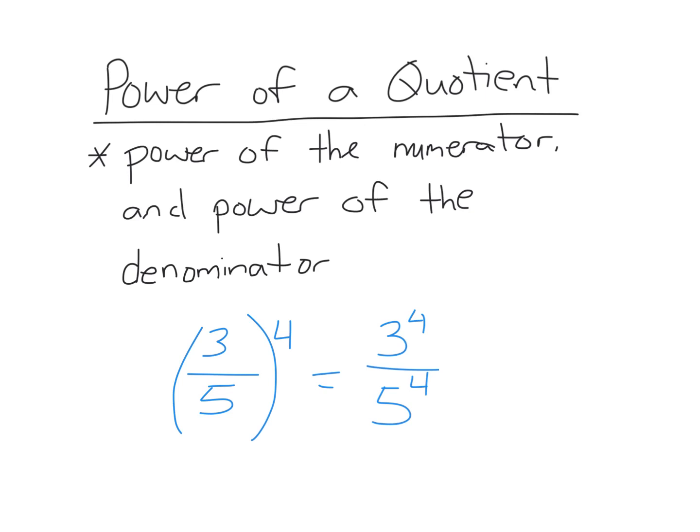So 3 over 5, to the 4th power turns to 3 to the 4th power divided by 5 to the 4th power. What happened is this exponent went to both. And remember, when you take those powers inside the parentheses, they stay as powers. They don't turn into numbers. They stay as exponents.